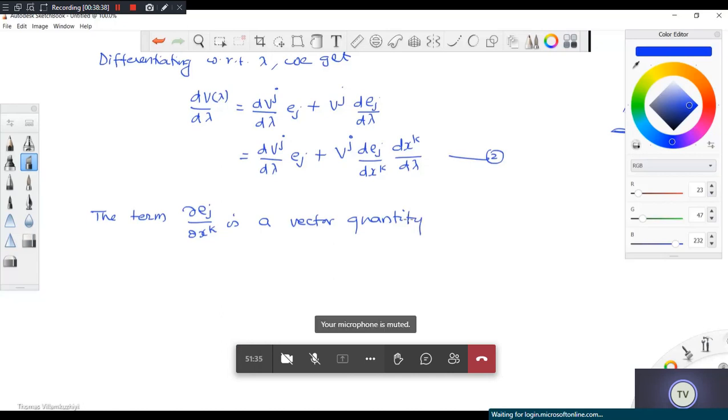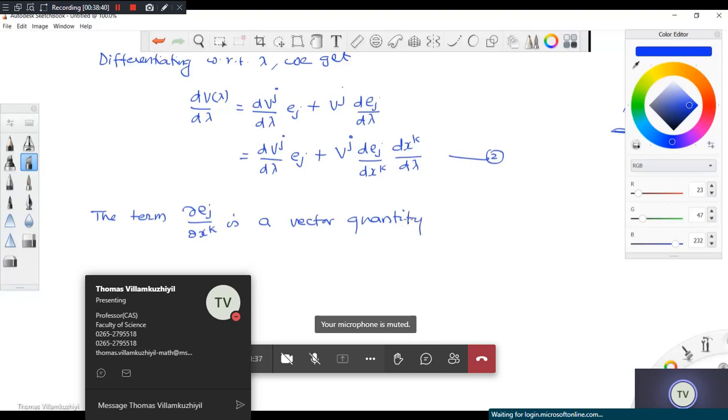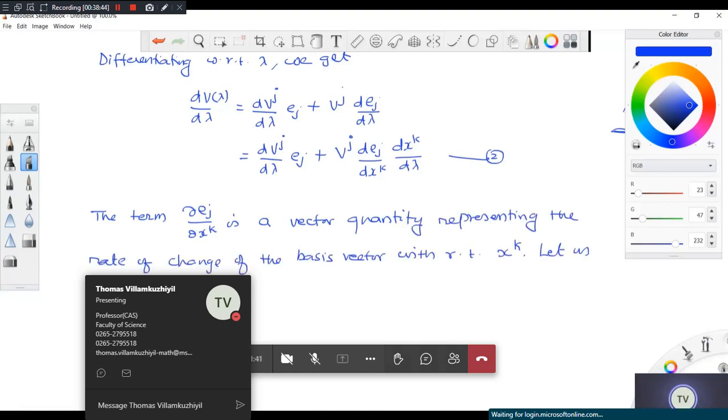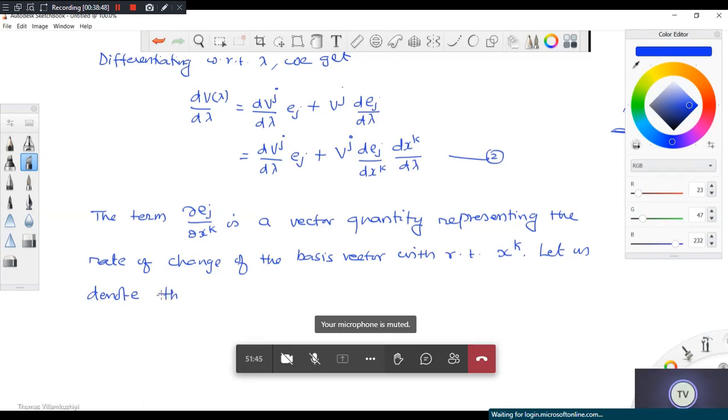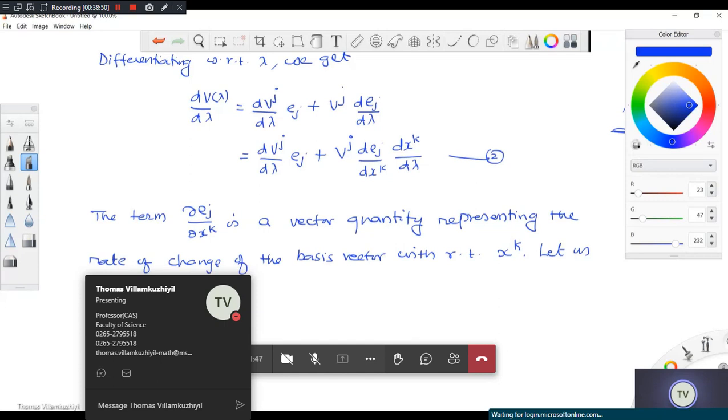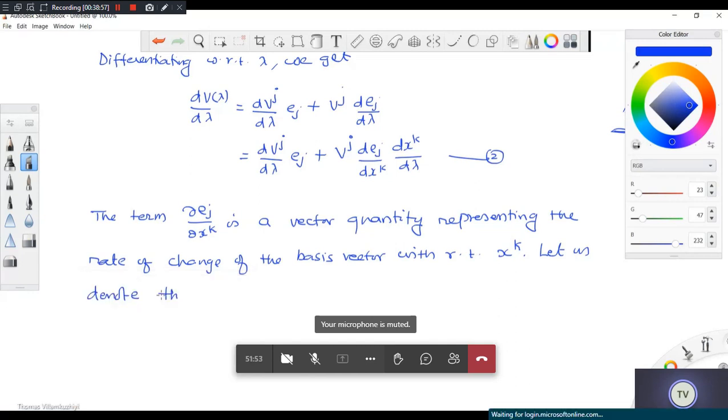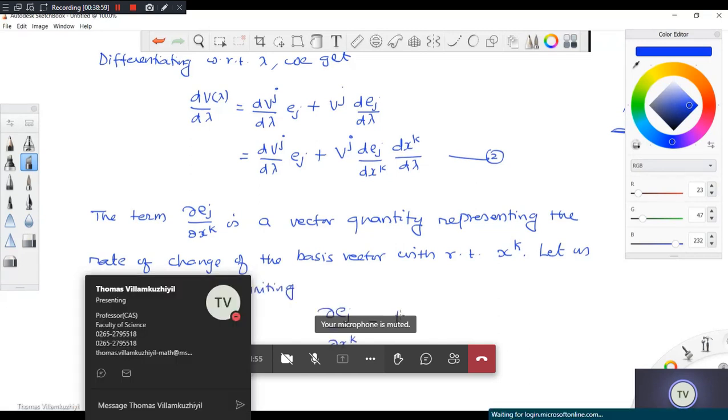Let us denote this by writing del Ej divided by del xk is equal to gamma i j k Ei.